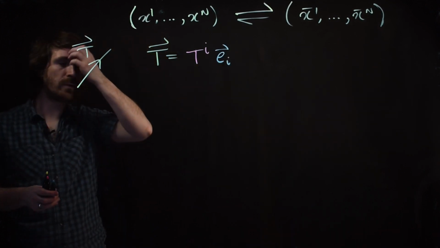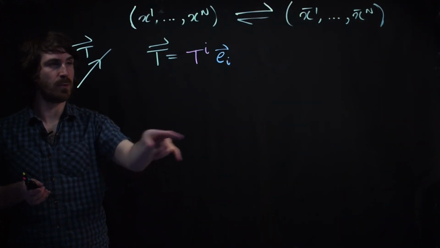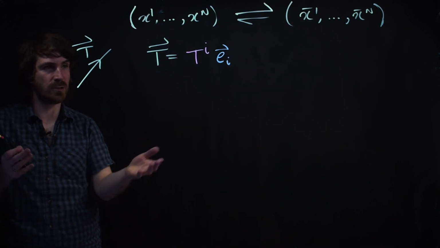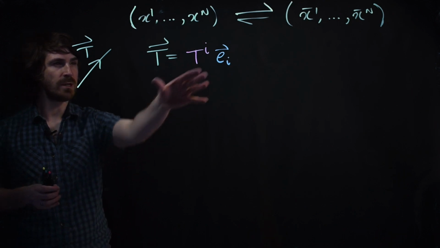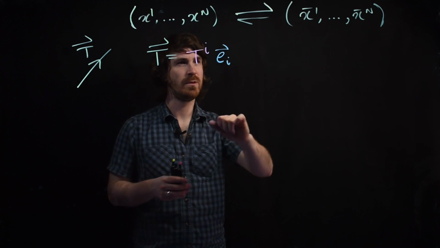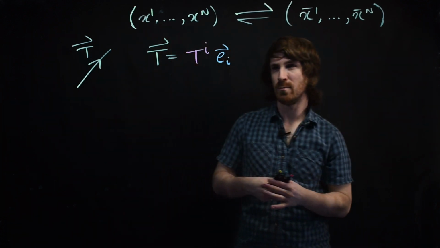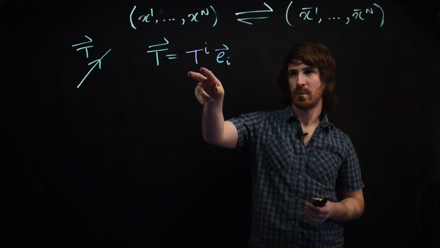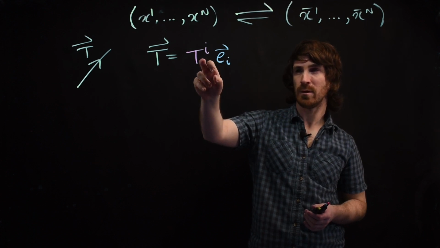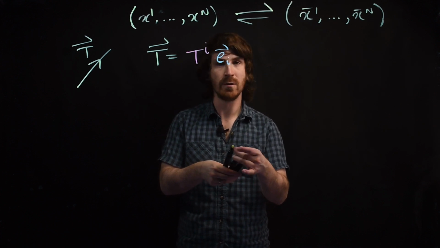We've seen an example where we constructed a vector from some component along one coordinate axis plus some component along a different axis, just as you're used to from school days. There's a repeated index here, so again that means we sum from 1 to n: t1 e1 plus t2 e2, and so on up to n.